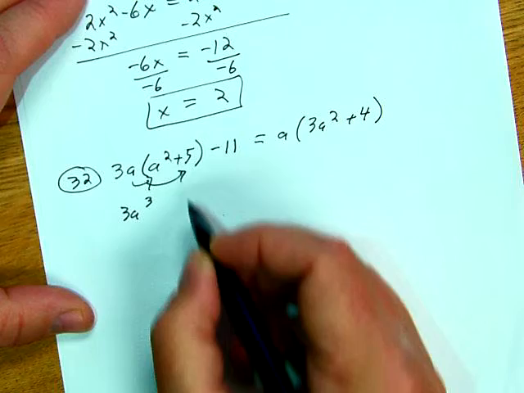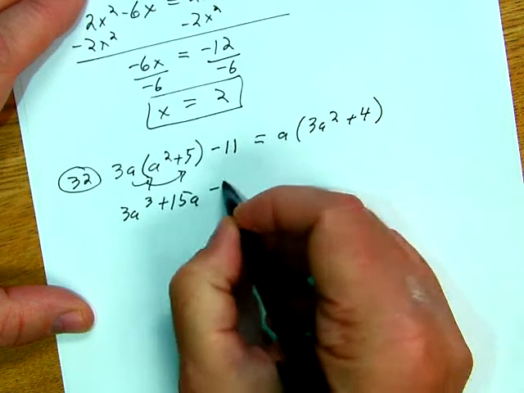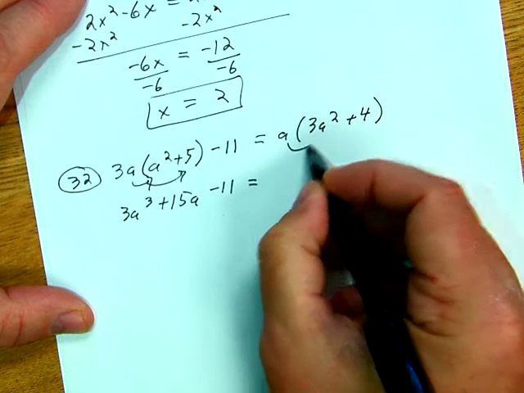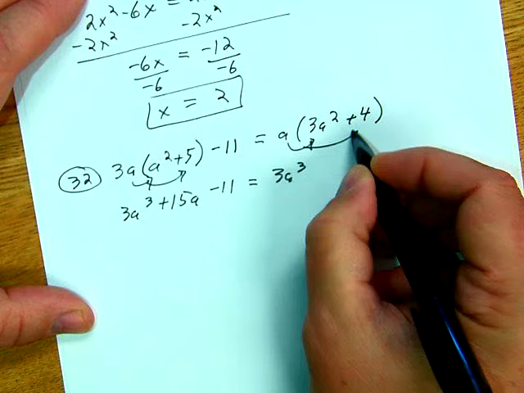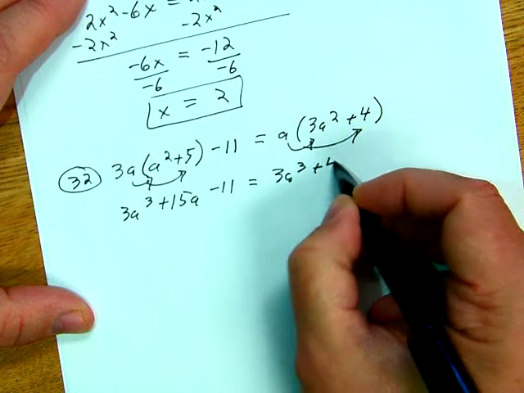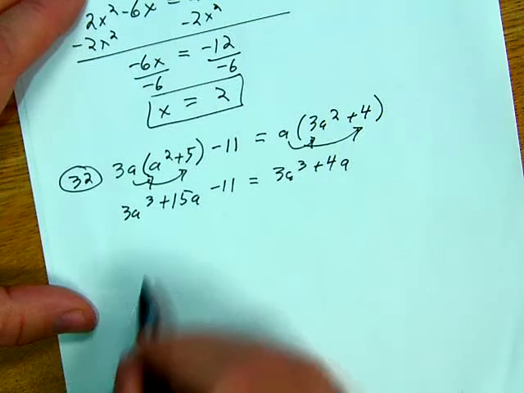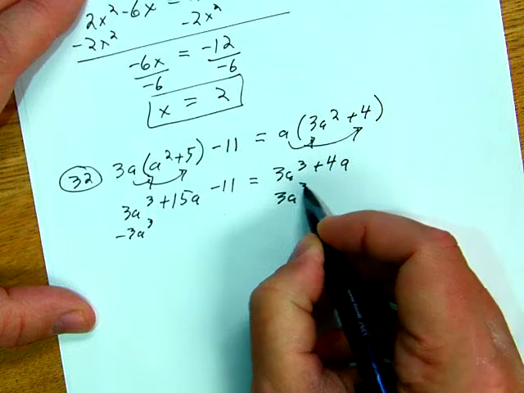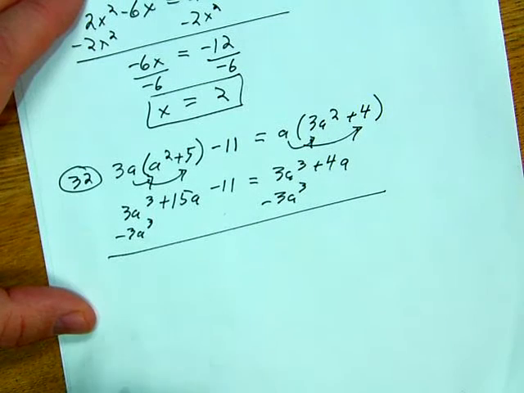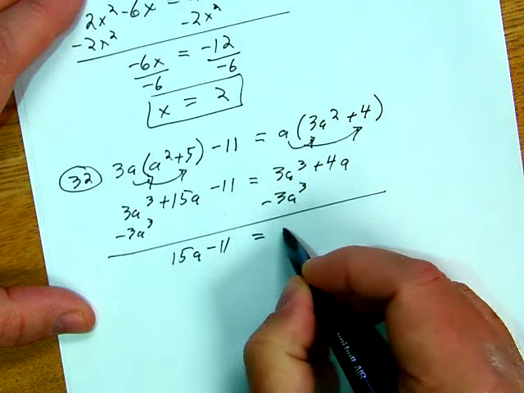Carry the arrow on. I get 15a minus 11 equals, first multiplication here, 3a to the third. Second one gives me 4a. I have nothing to combine, so now I'm going to subtract 3a cubed from both sides, which actually cancels the a cubed out. That leaves me with 15a minus 11 equals 4a.